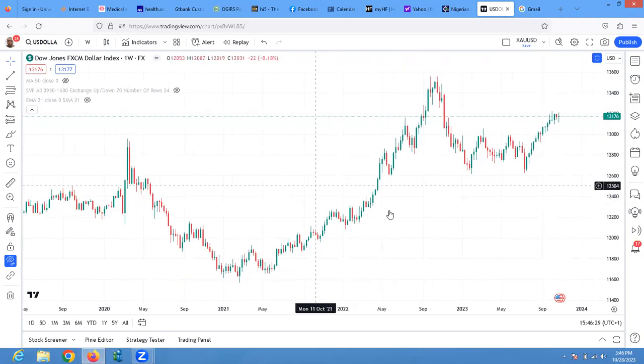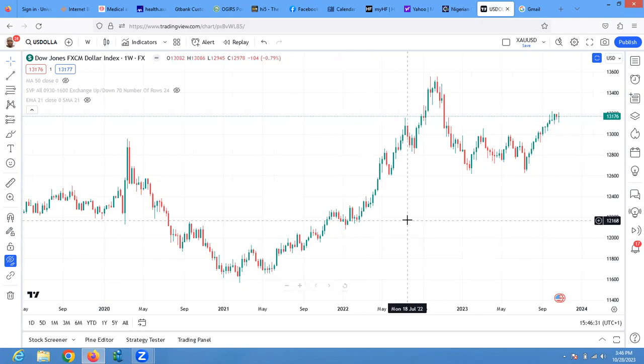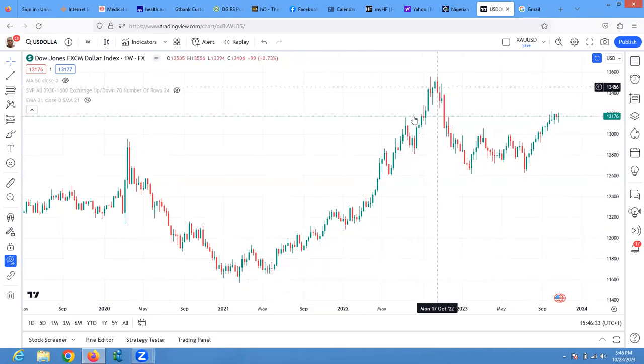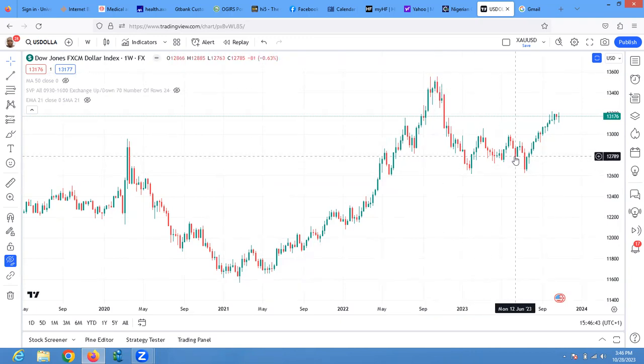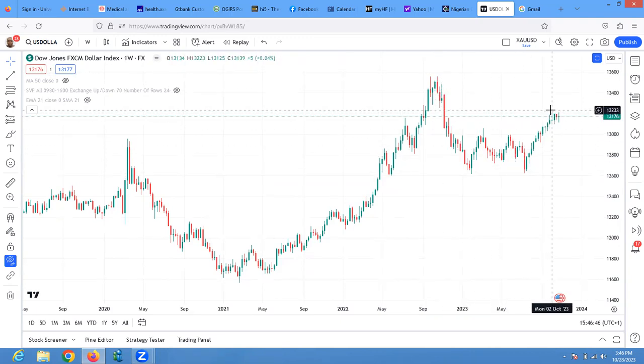Now, we can see on the weekly time frame that the market has printed this and has ended this wave, and now we are coming down. So this is what we've done so far, and we believe that the dollar was losing it, and this is just a corrective wave to the upside, and we are almost getting to a point where the dollar is going to begin to fall.